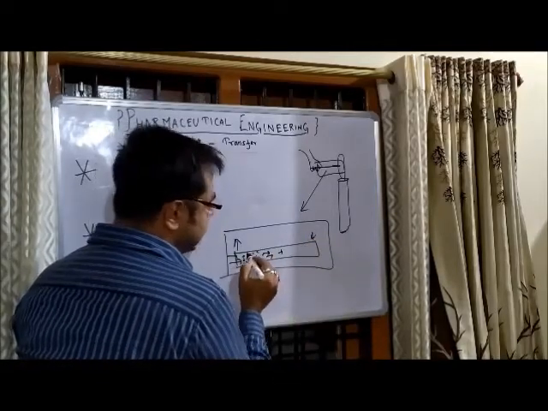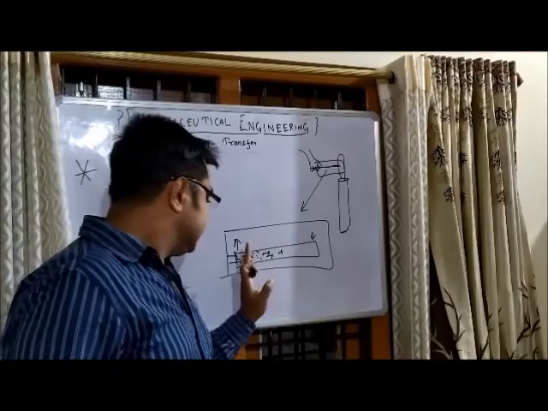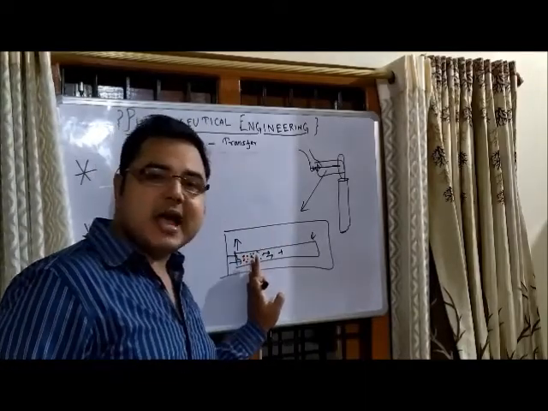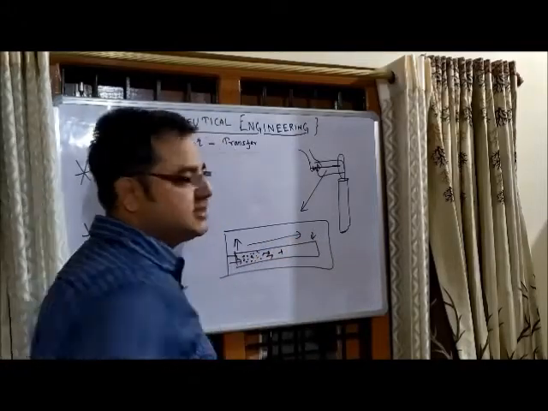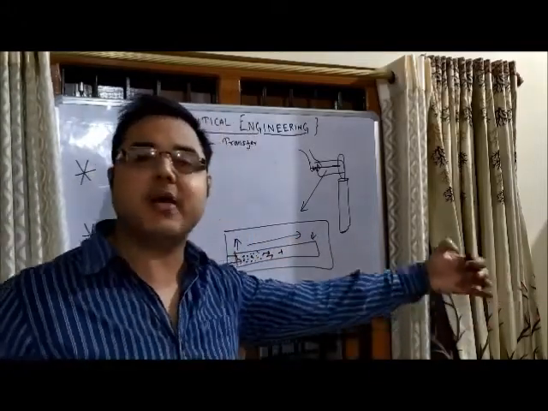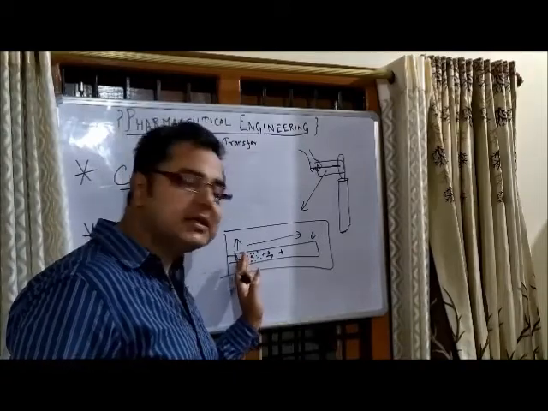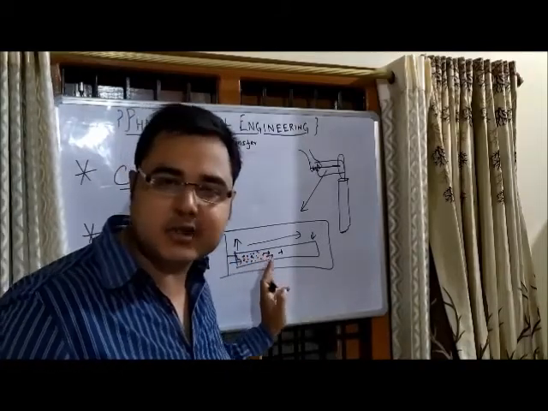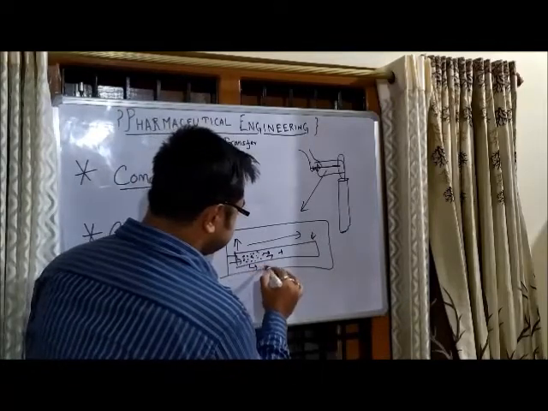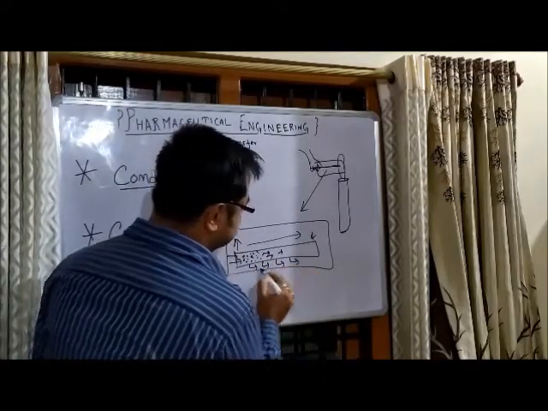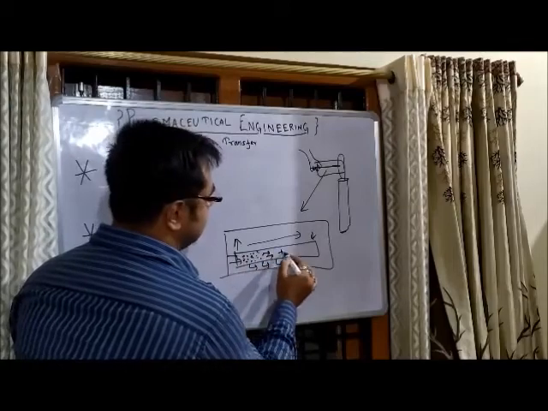So the molecules start moving from the part where energy is high to the part where energy is low. While moving that way, the atoms or molecules take the heat energy away along with them.